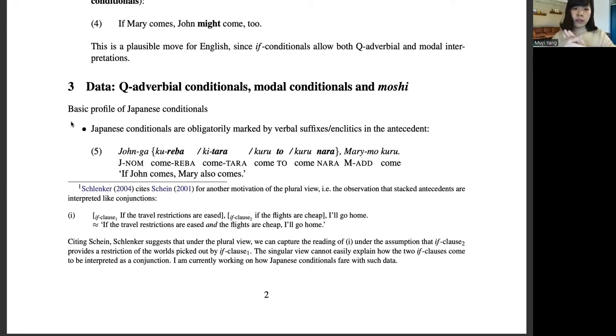So for a sentence in number 5, which means if John comes, Mary also comes, there are at least 4 basic ways of expressing this sentence, where each of them differ in terms of the suffixes or the enclitics that follow the verb kuru, come, in the antecedent.